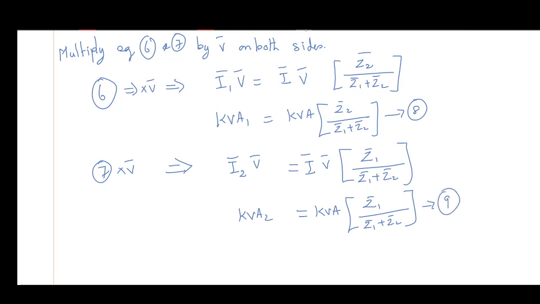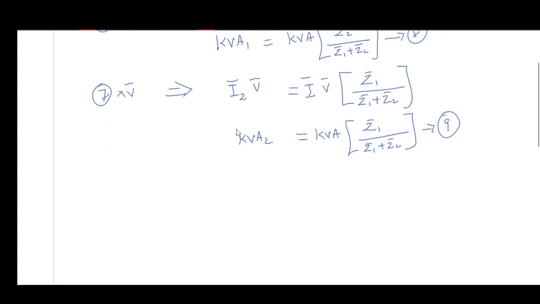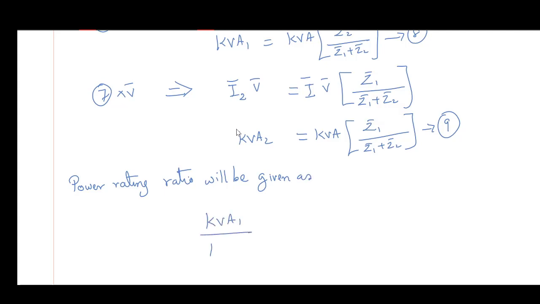So the ratio between these two transformers 1 and 2, the power rating ratio, will be given as kVA1 divided by kVA2 is equal to, so this kVA will be cancelled, Z2 divided by Z1.